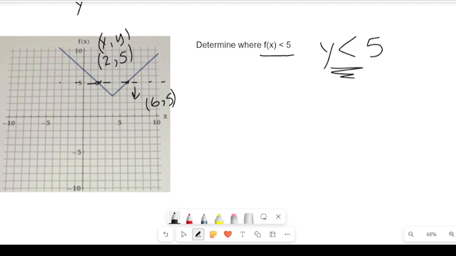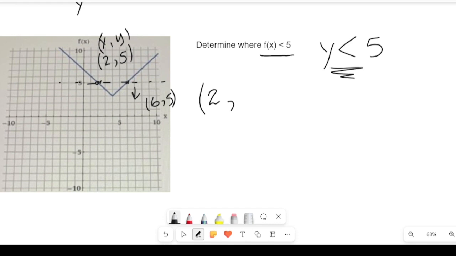So now let's write it down in interval notation form. Again, start with the round bracket since it doesn't say equal. It just said it has to be less than 5. So it cannot be 2. So our x cannot be 2. So we're going to say 2, goes down, goes up.